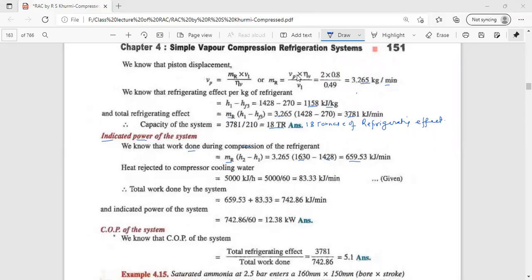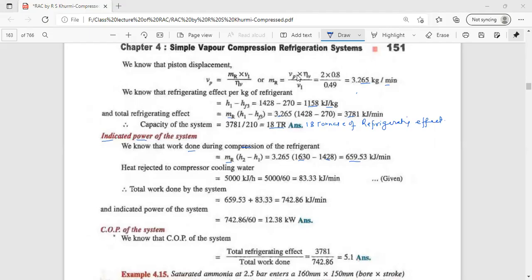Now, heat rejected to the compressor cooling water is given as 5,000 kilojoule per hour itself, or 5,000 divided by 60, which is equal to 83.33 kilojoule per minute. So what is going on? The work done by the flow of the refrigerant, which I have calculated here, is 3.265 multiplied by the change in enthalpy, the difference between H2 and H1, where H2 is the enthalpy at the outlet of the compressor and H1 is the enthalpy at the inlet of the compressor.